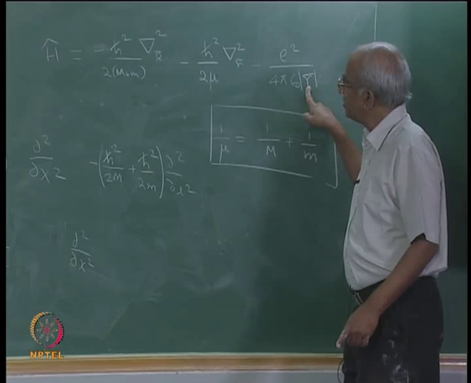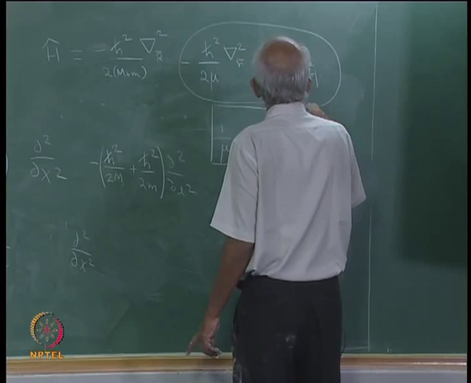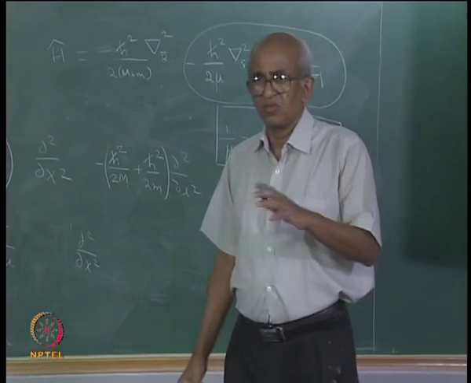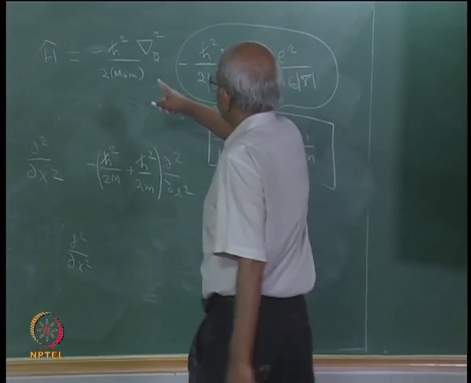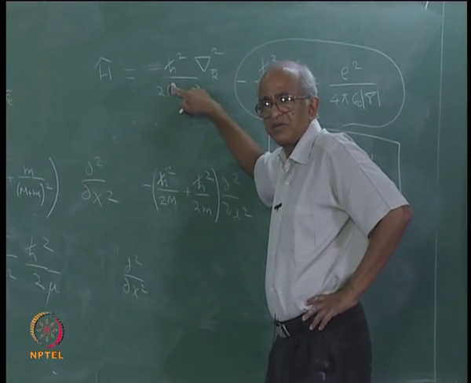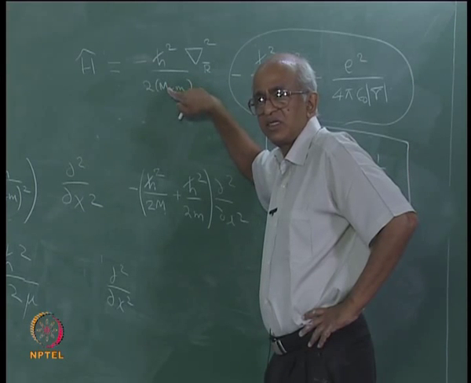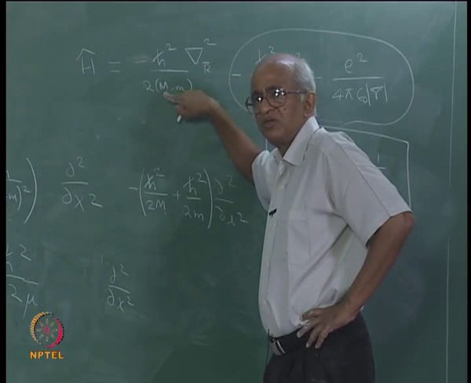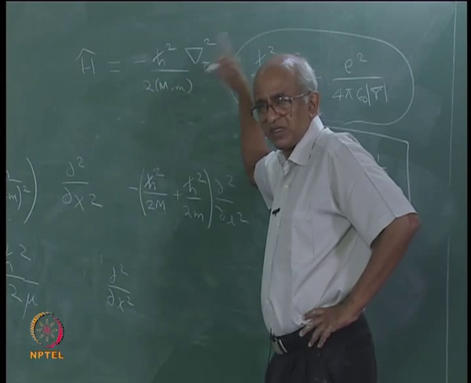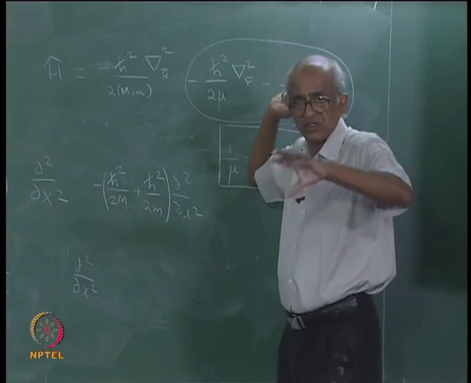So, therefore, if you look at this Hamiltonian operator, you will see that this part depends only upon relative motion, while this part is the one that describes translational motion. And what does it say? It says that there is just kinetic energy due to translational motion. That is what this term actually tells you, while the other term has of course kinetic as well as potential energy terms, because it is a relative motion.